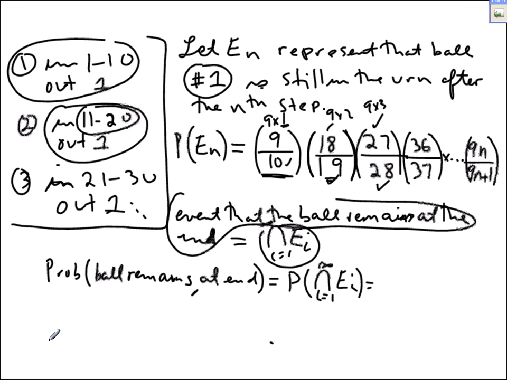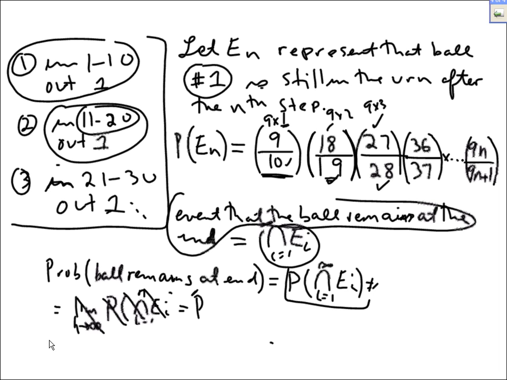Now, that's the same as the probability of the intersection of Ei as i goes from 1 to n, but then we take the limit as n goes to infinity. No, that's not true.